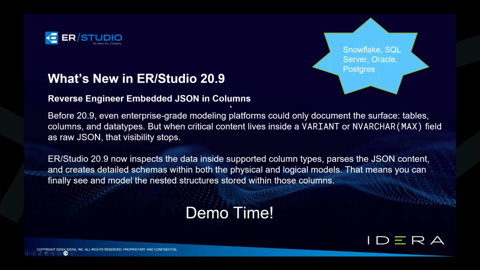So it is new. And if you have one of these platforms, and I'm not going to say this is all of the platforms, because like the Oracles and SQL Servers, Postgres and Snowflake, I think a lot of the DBMSs out there today, to remain competitive, are going to have this concept of variants or arrays embedded in their schemas. And that could be quite a gap for compliance and regulatory issues, as we'll see.